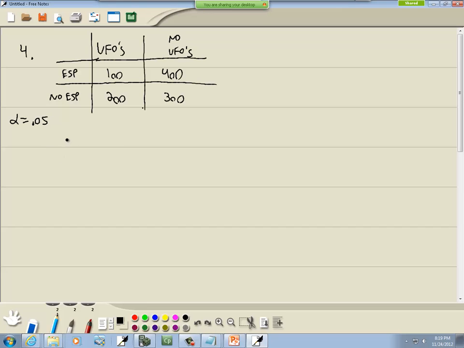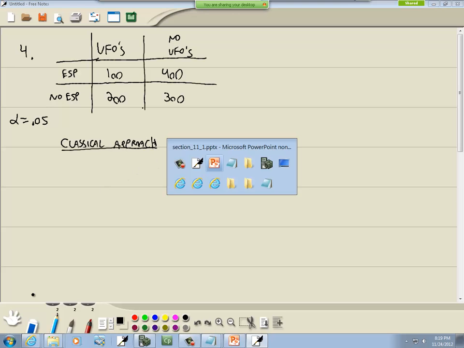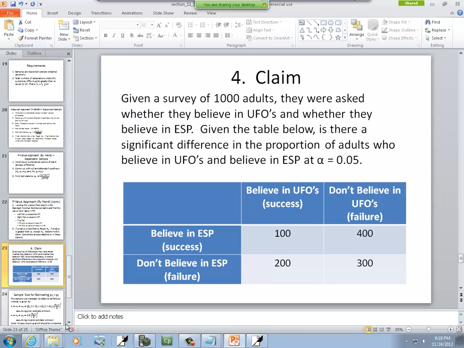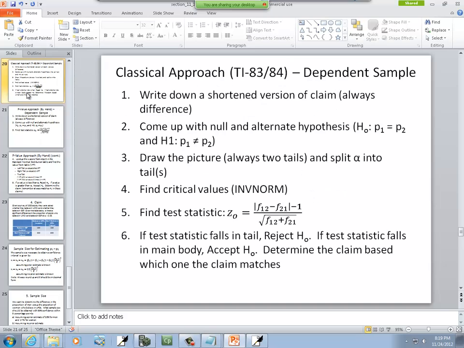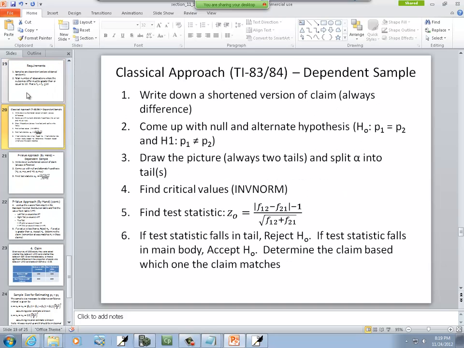Okay. As far as I know, there's no way to do this on TI-83, TI-84. So it's by hand. So let's go up there. Classical approach. Write down a shortened version of the claim.